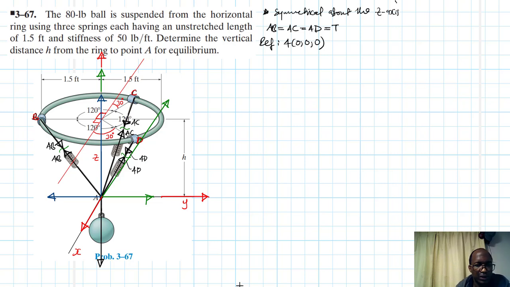All right, let's label this because we are done. Let's start with AB. Let's find the length.